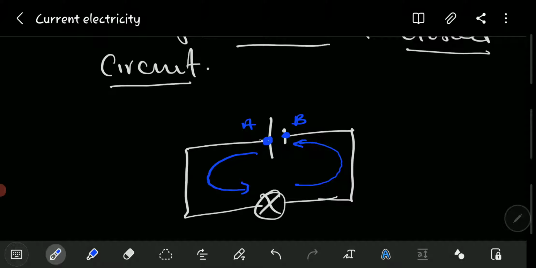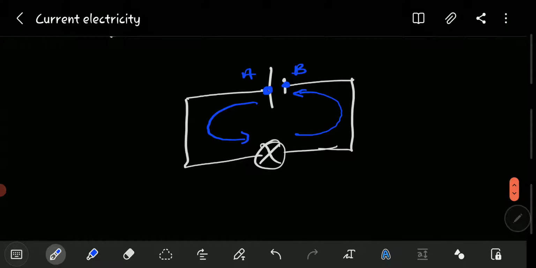So the amount of work that is done in moving a 1 coulomb charge around a closed circuit is called the EMF. Now take note, EMF and potential difference are different. Potential difference is just the work done in moving a 1 coulomb charge across the lamp, which is a circuit component.